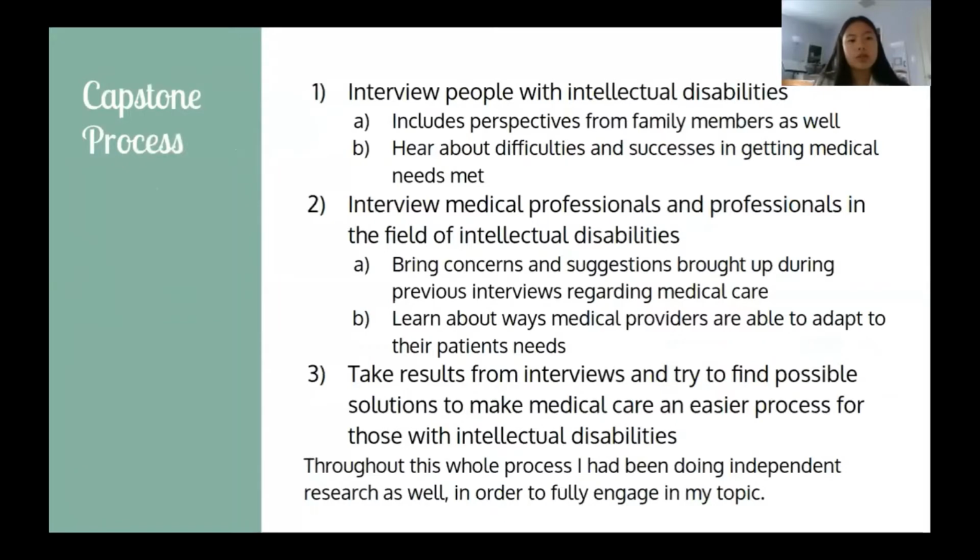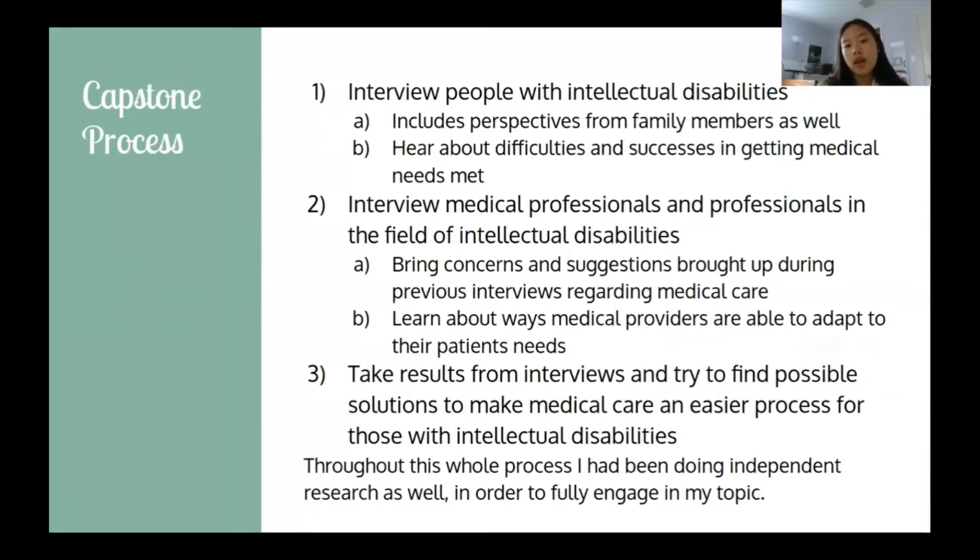So my capstone went through a 3-stage process. First I interviewed people with intellectual disabilities, and this included their family members and caregivers. I heard about different difficulties and successes they had experienced in the medical field. Then I interviewed medical professionals as well as professionals in the field of intellectual disabilities.